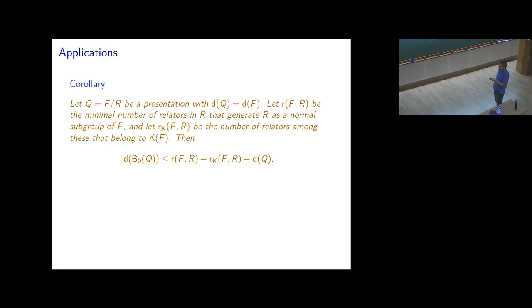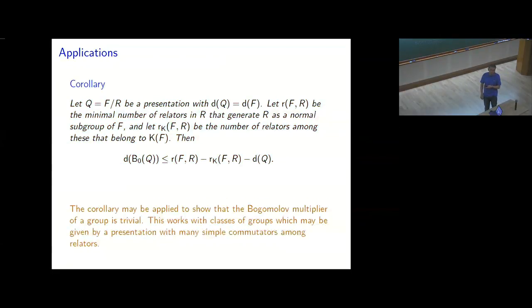Okay, and you count those, and then you can prove that the rank of this B naught of G is less than this difference minus the number of generators of Q. What is this good for? Well, this one helps you prove that B naught of certain groups is trivial, because if you get something strange here like 0, right, then this one's going to be trivial. So, it's actually quite useful.